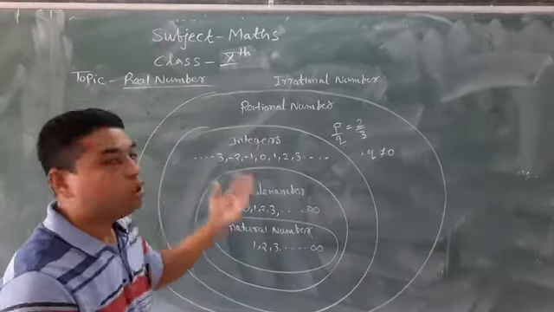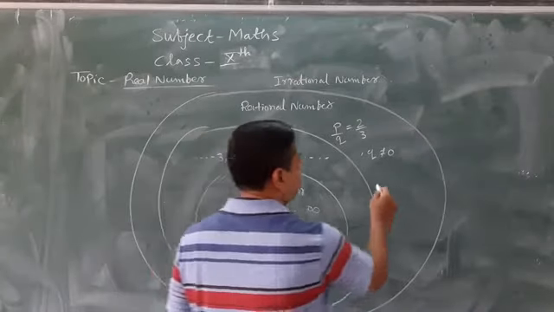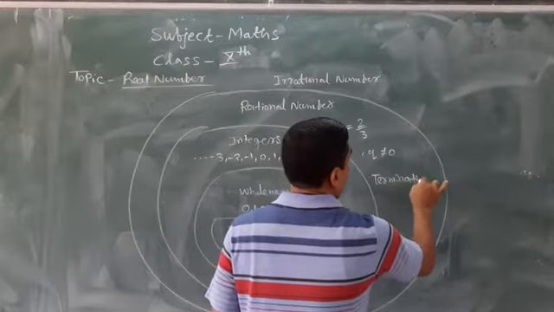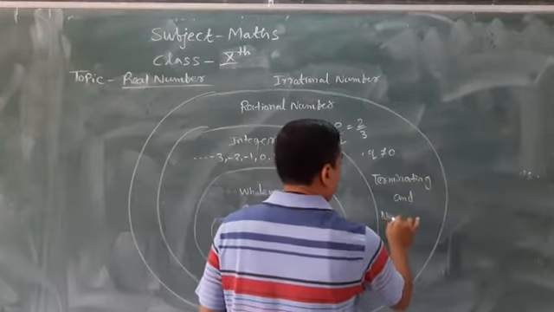Rational numbers show two types of decimal representation: terminating, and non-terminating but repeating.